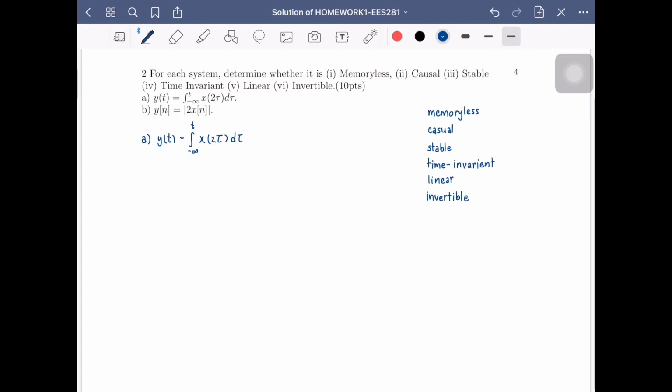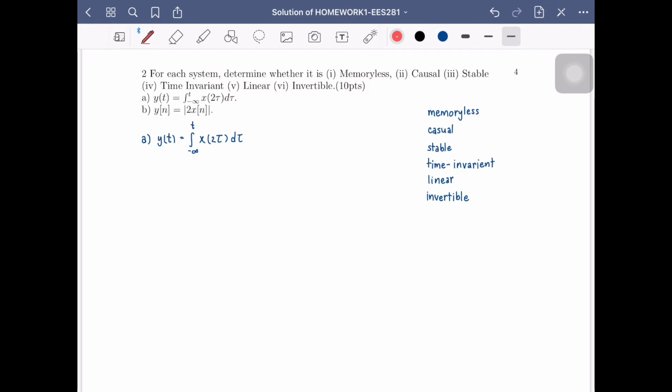So we start with sub question 1a. The first one is the continuous time signal y(t) equal to x(1)... So we have to first find, is it memoryless? We know that a memoryless signal depends only on the present value.